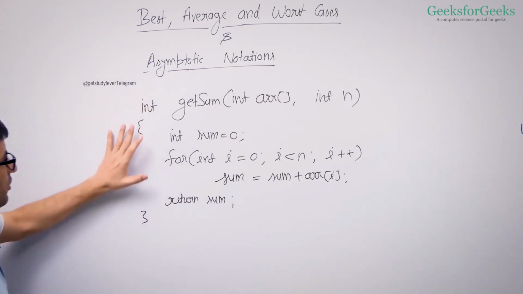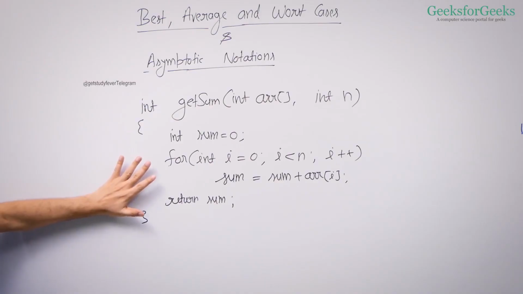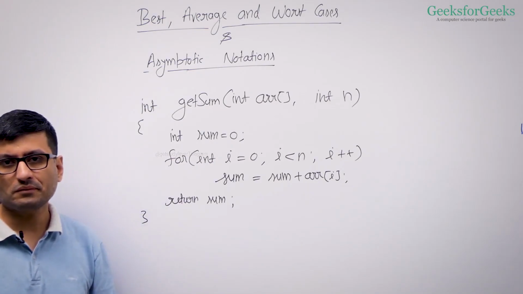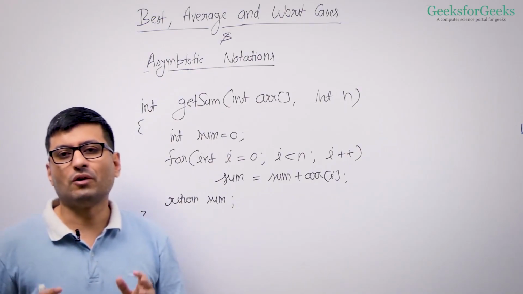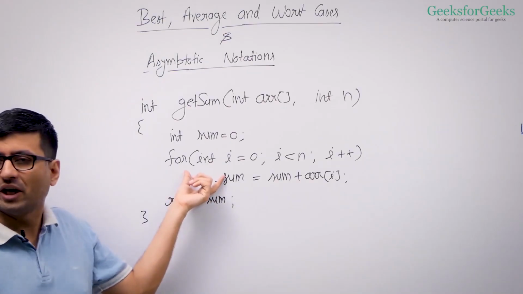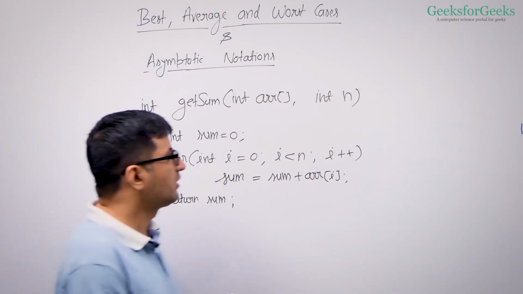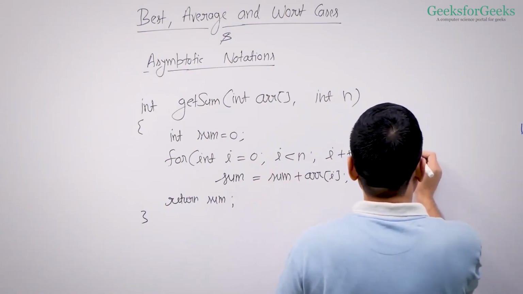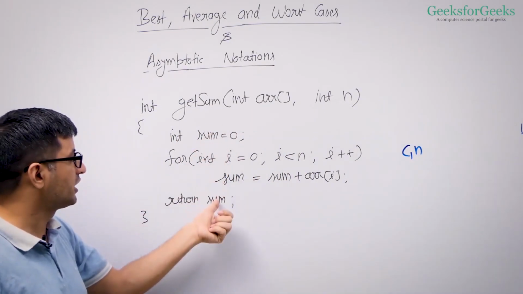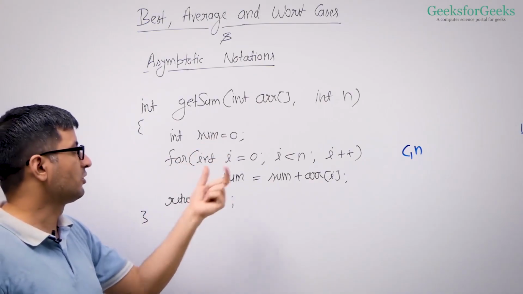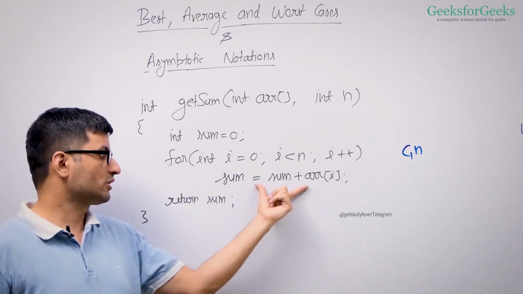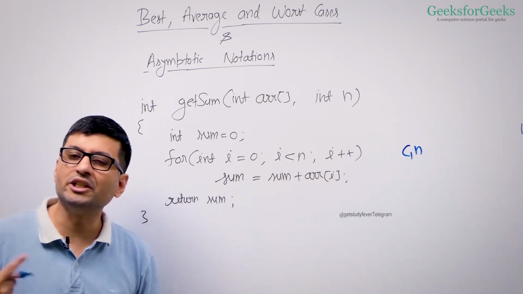Let's take a look at this code, and please pause this video and try to think of order of growth of this function. Order of growth for this function is clearly n, right? It's linear. You can see that there is some work which is happening in linear time, c1n, and there is some work which is happening in constant time, like these two, and initialization, all these things happen in constant time, and there is this condition and this i++ which happens in linear time, right?